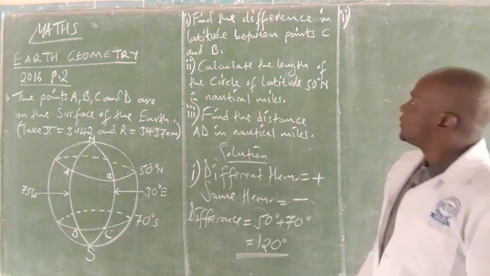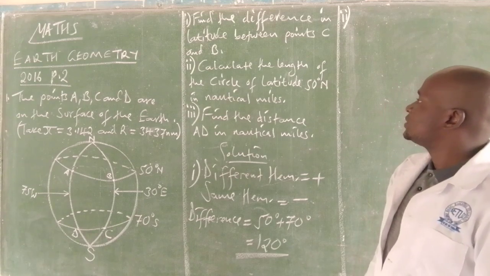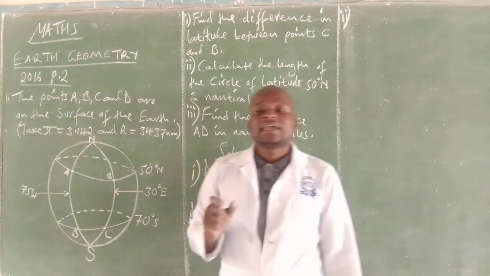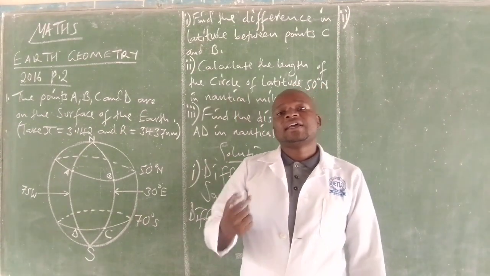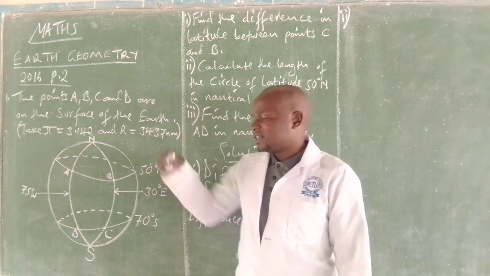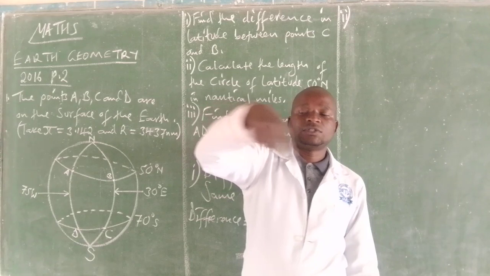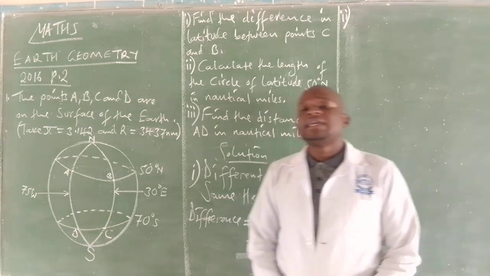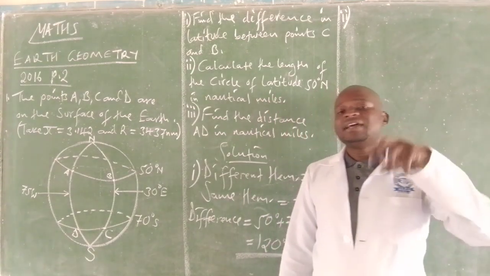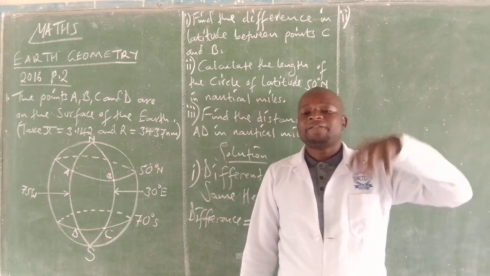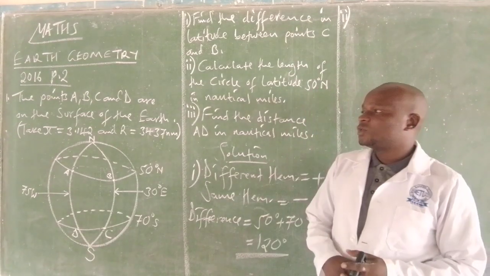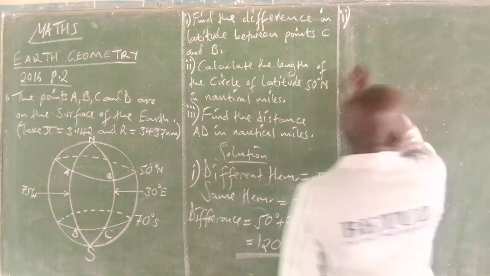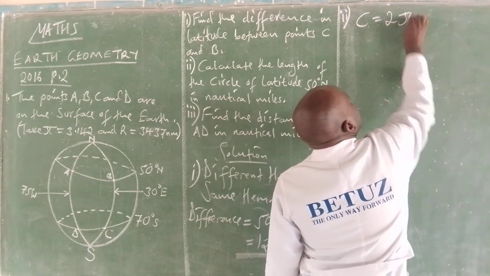Question 2 says, calculate the length of the circle of latitude 50 degrees north. The length of a latitude, in simple terms, means the circumference of that latitude, the distance going around that latitude. The circumference of a latitude is found by a formula, which we derive from mensuration. In mensuration, we learned that the circumference of a circle is C equals 2 pi r.